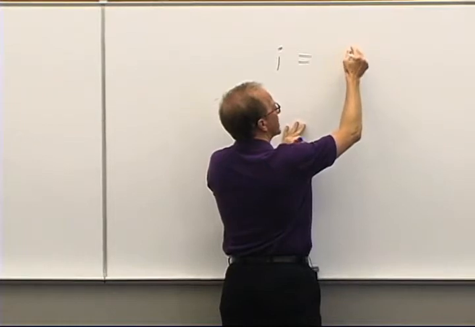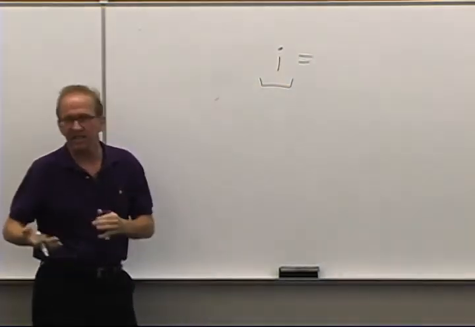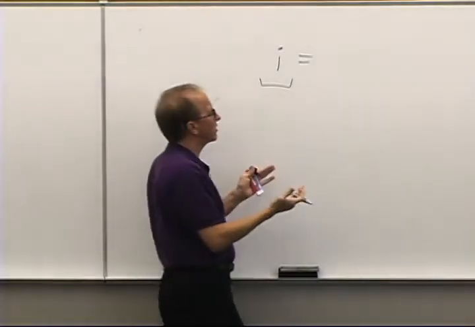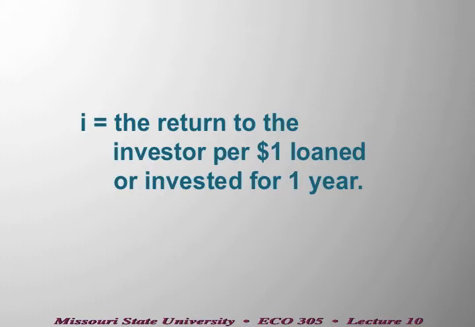The way I stated this last time is we've got a standardized way of talking about interest, and the standardized way that we have of talking about it is to say the return to the investor per $1 loaned or invested per 1 year.